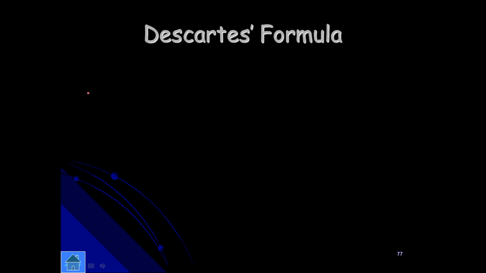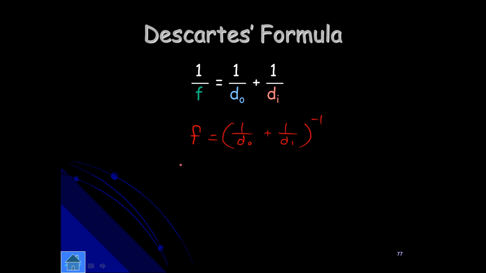So let's have a look at the formula in a bit more detail. 1 over the focal length is equal to 1 over DO plus 1 over DI. If we want to solve for F, it is no more than doing 1 over DO plus 1 over DI, all to the minus 1.